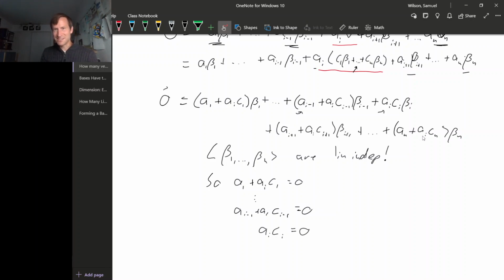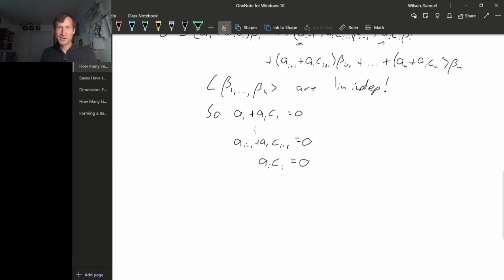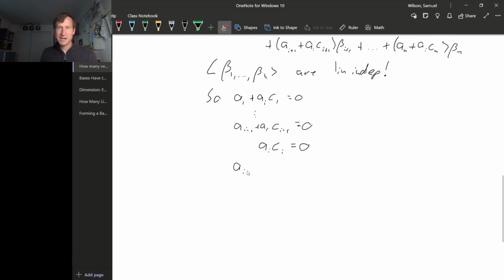And then the rest of these coefficients have to be 0. So a sub i plus 1 plus a sub i c sub i plus 1 has to be 0, and down to a sub n plus a sub i c sub n has to be equal to 0. Okay, great.